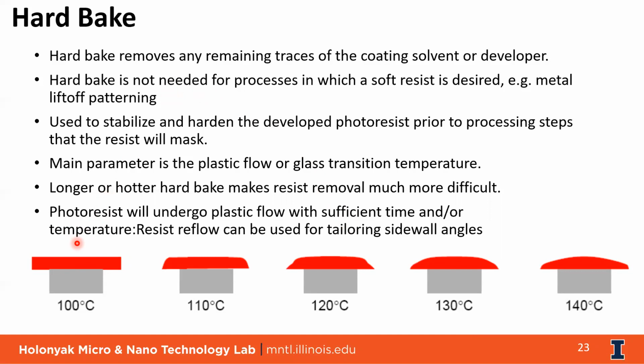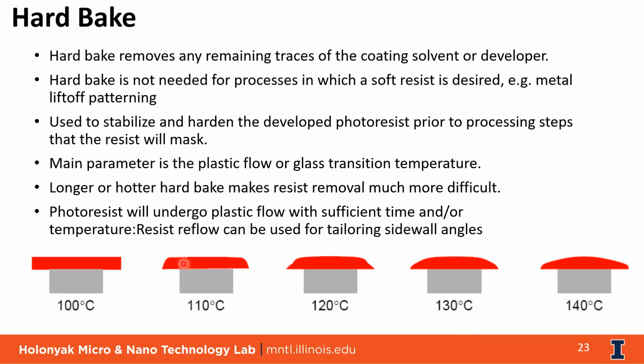Ideally, the hard bake happens between 90 to 110 degrees Celsius. If you're doing it close to 100 to 110 for a minute or two, you will get a very good profile. But if you increase your temperature or duration, due to the temperature effect your photoresist will start reflowing, which can affect your profile.